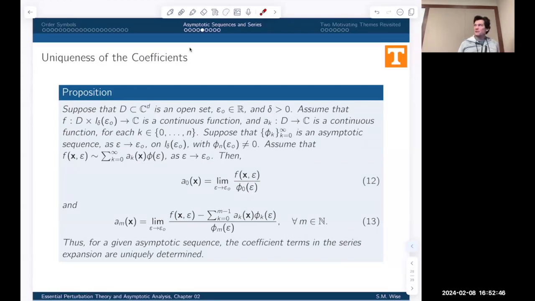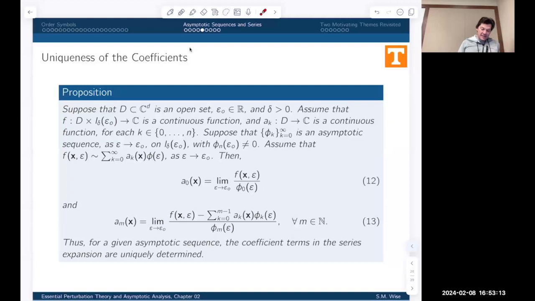And subsequent coefficients are given as the limit of f minus the partial sum up to order m minus 1 in the asymptotic approximation, where this is the numerator and phi m is the denominator, as epsilon goes to epsilon naught.